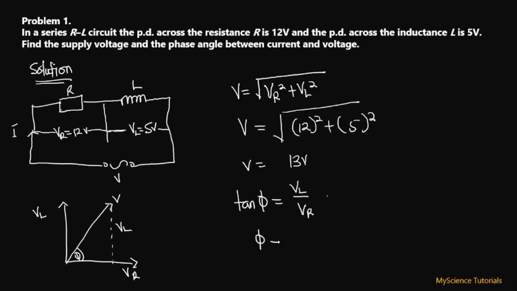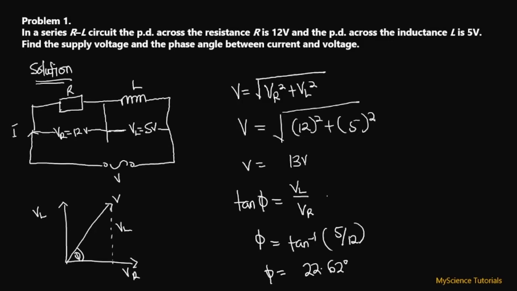So our angle is equal to the tan inverse of VL from the question, which is 5, and then VR from the question, which is 12. If we compute the tan inverse of the ratio 5 on 12, we are going to get 22.62 degrees. So this is how we solve a question involving an R and L circuit.